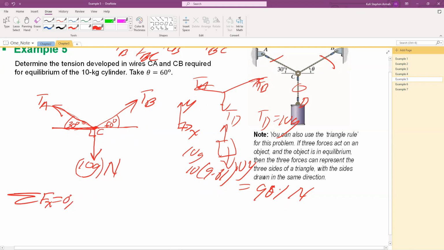Those pulling this side equal those pulling the other, so I get TA cosine 30 is equal to TB cosine 60. The angles are all to the horizontal. You can leave it this way and work in the cosines. Sorry, this angle is 30 degrees.